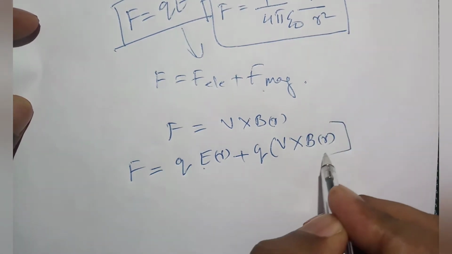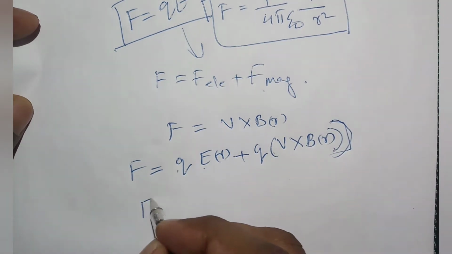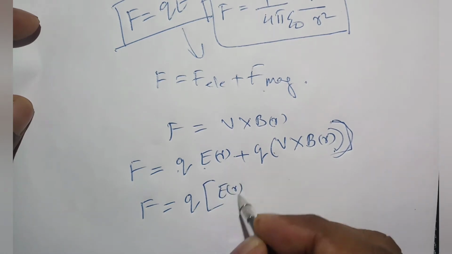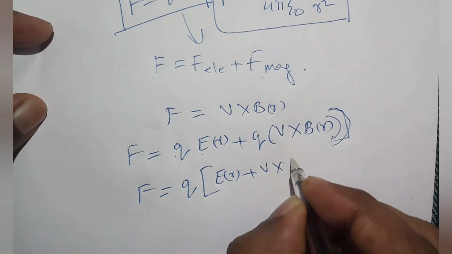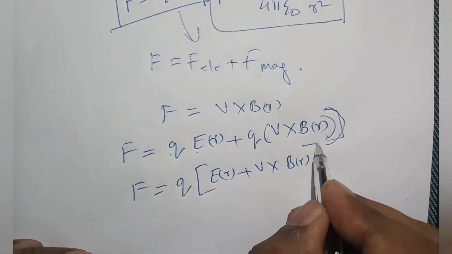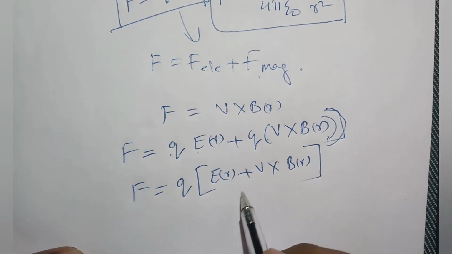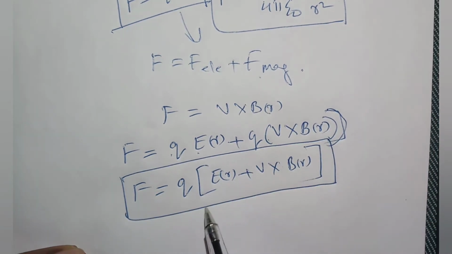Okay, like this. Now you see here, you can take this Q outside, so you can write F is equal to Q into E of R plus V cross B, like this. So this total force is the sum of force due to the electric field and the magnetic field, or we can call this one as Lorentz force.